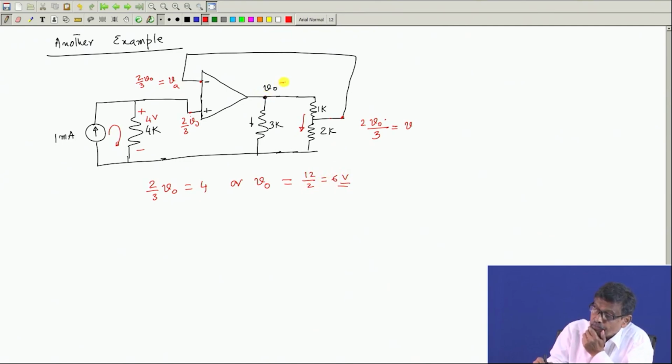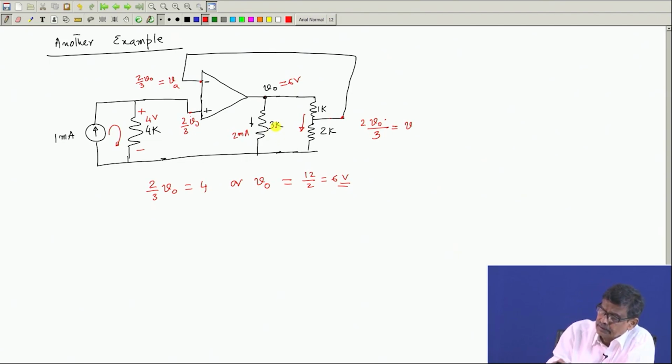So, the answer for this output voltage will be 6 volt. Then whatever things you have been asked to calculate, you can calculate. What will be the current in this branch? It will be 6 by 3, 2 milliampere will flow here, and so on.